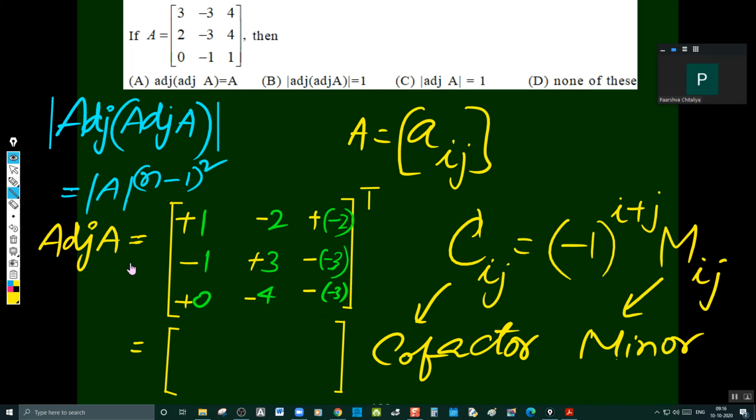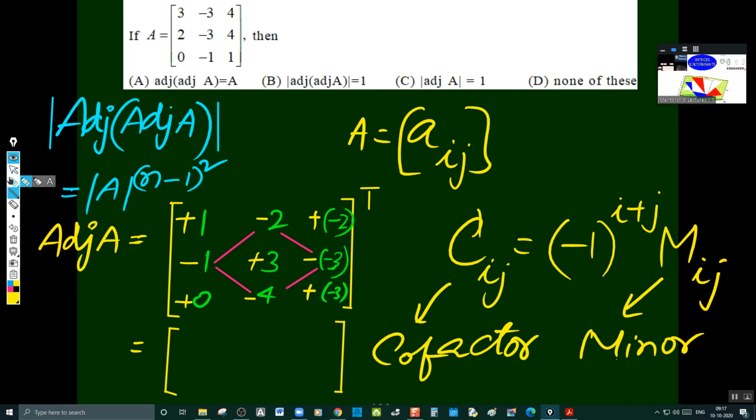Sir, in the last element, it should be only -3. Yes, you're right. It is plus only, no? Yes. And one more thing you can always remember: in the diamond form, minus signs will be there.